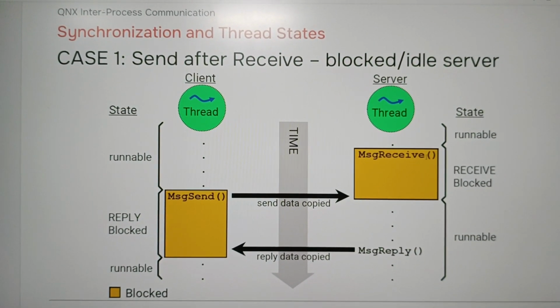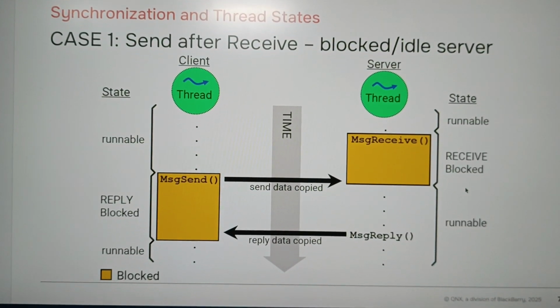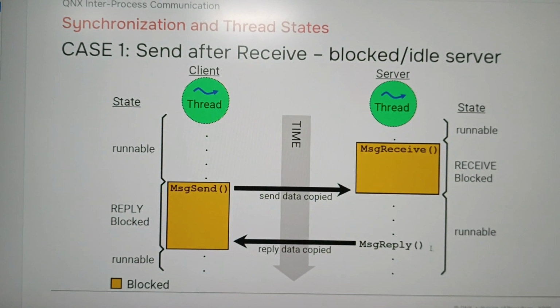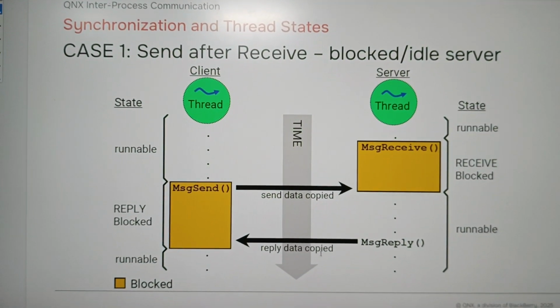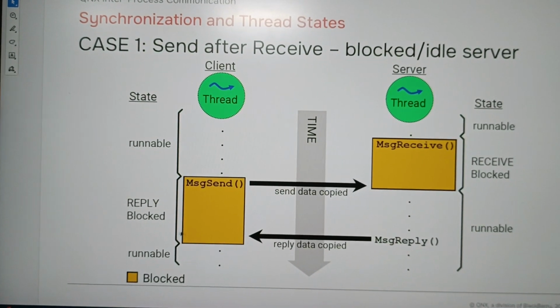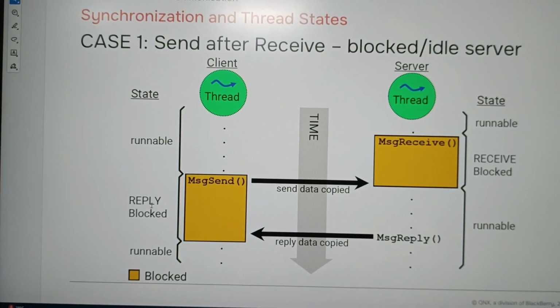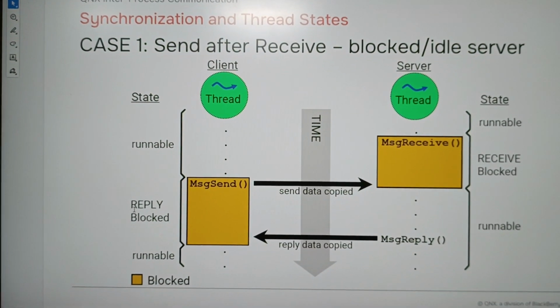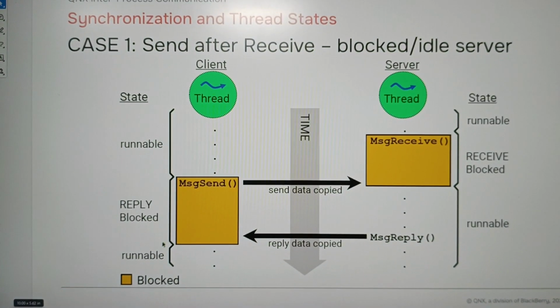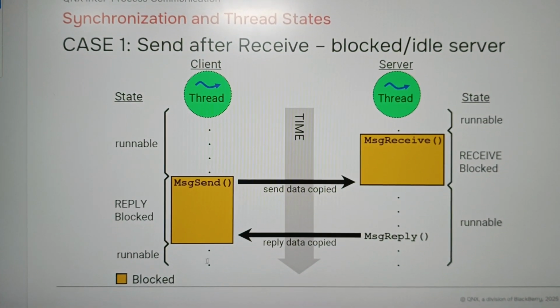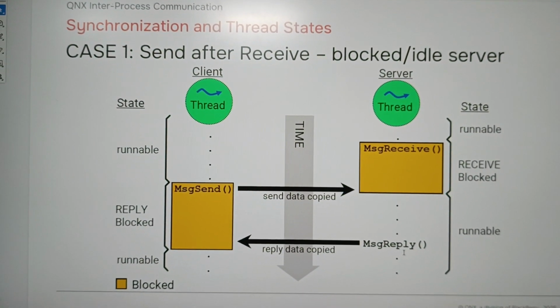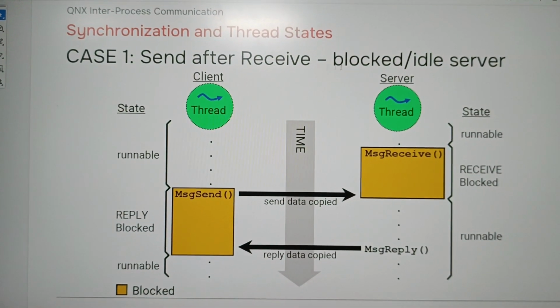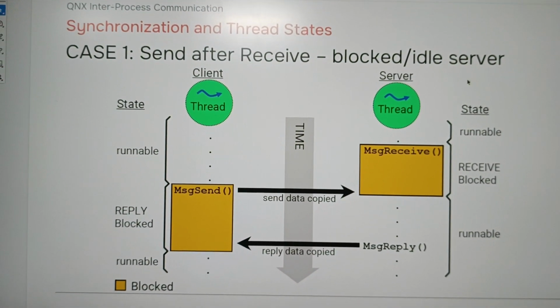If not, it will be in the receive blocked state. Again the reply message is sent back, data is copied and passed to the client. If not received, it will still be in the reply blocked state, or else it will run. So that is send after receive with an idle server.